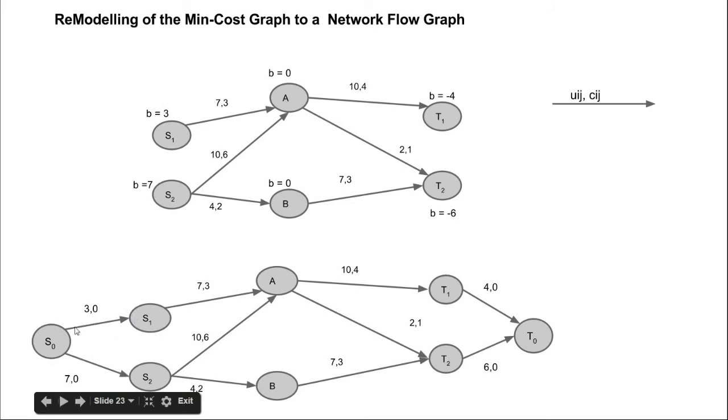So from S0 we add an edge to S1, and the capacity of this new edge is equal to the B value, which is 3. Similarly from S0 to S2 the capacity is 7, so we put 7 here. Similarly from T1 and T2 we add edges to the sink T0. For T1 the B value is minus 4, here it's negated and made 4, and similarly minus 6 is negated and we add the value 6.